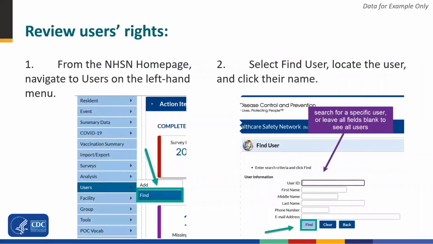So from the NHSN homepage, the way to do this is to navigate to the users tab on the left-hand menu, click find, and then select find user. Click the find button and then enter the specific user, or you can also alternatively leave all of these fields blank and click the find button, and then you'll be able to see all of the users for the facility.